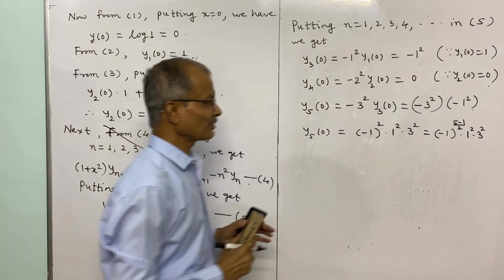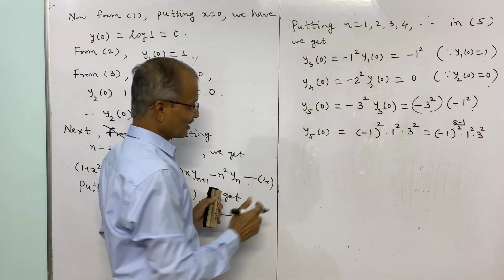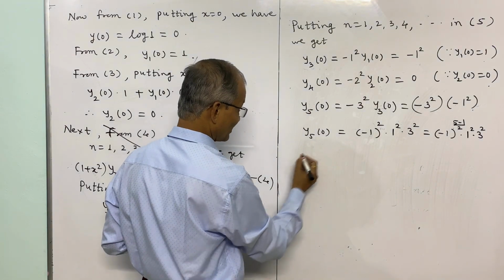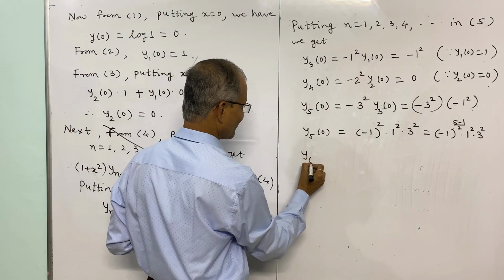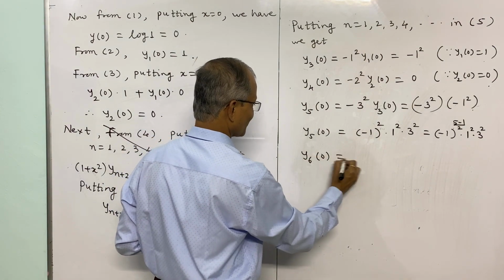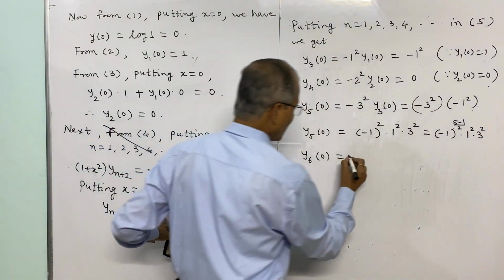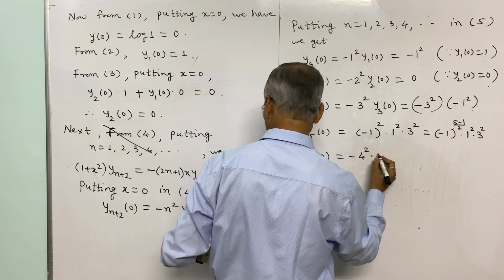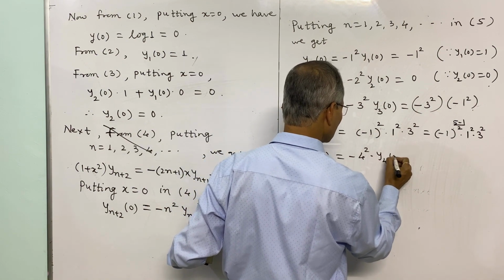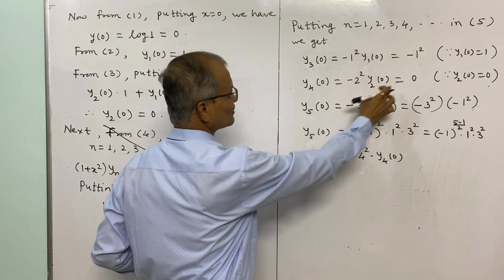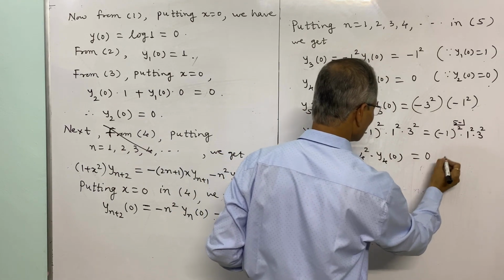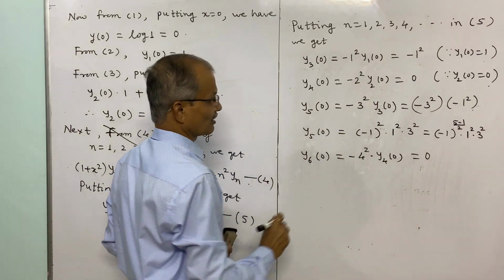We have written this purposefully. Now you will come to know in further steps. What is the next? y6. y6 at 0, n is equal to 4. And this is minus 4 square into y4 at 0. But y4 at 0 is, you see, 0. So therefore this is 0, and so on.